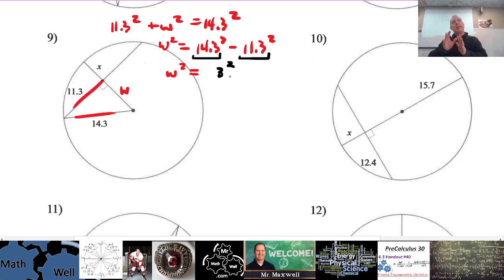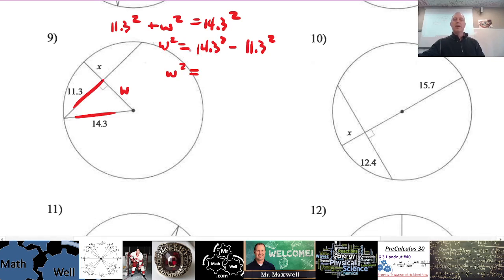You can't subtract these numbers and then forget the fact that they're squared. This is not just 14.3 and this is not just 11.3. So you can't pluck those out, do a simple subtraction, and then bring the squared back in later. I don't know if anybody's ever thought of doing that, but it looks like somebody might think of doing that. So we don't want to do that.